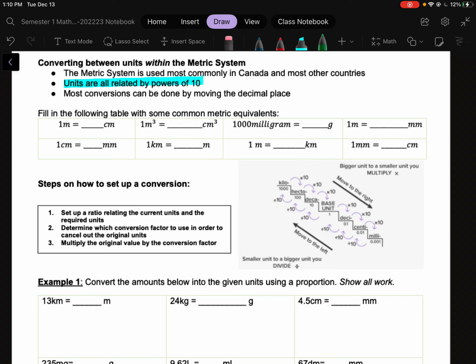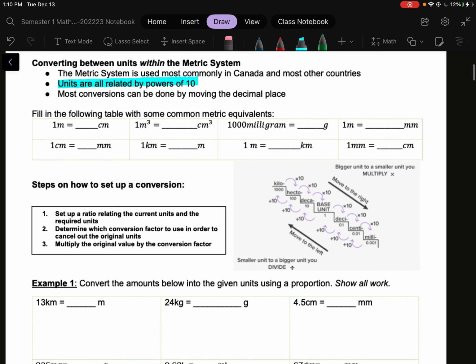So 1 meter into centimeters is 100 centimeters. If we have 1 meter cubed into centimeters cubed, because it is cubed, this makes it 3 times the amount, so it's going to be 1 million centimeters cubed.